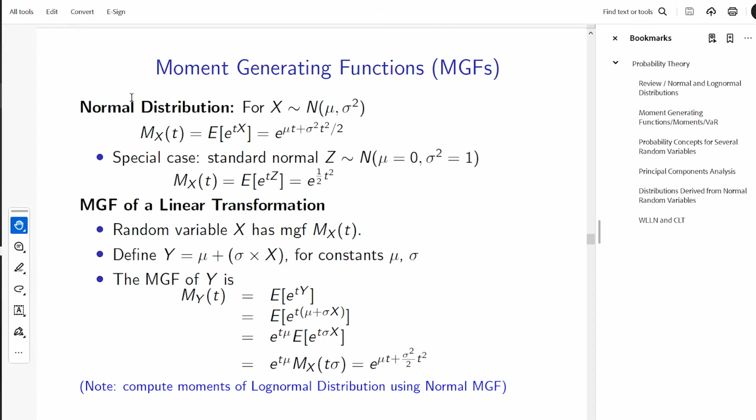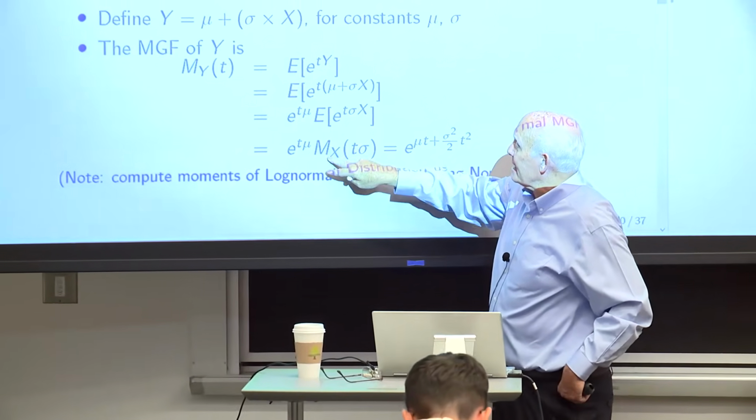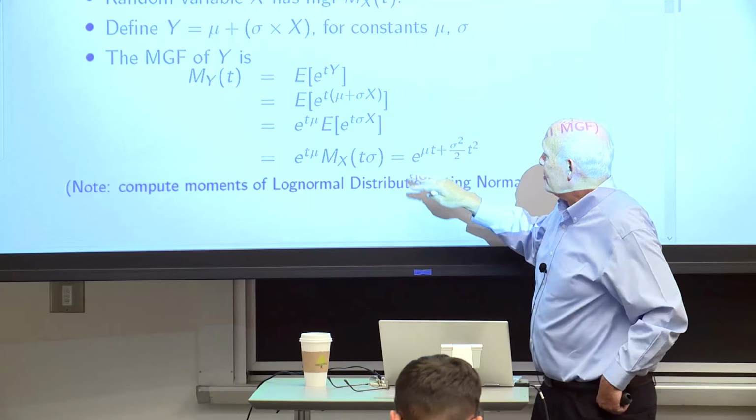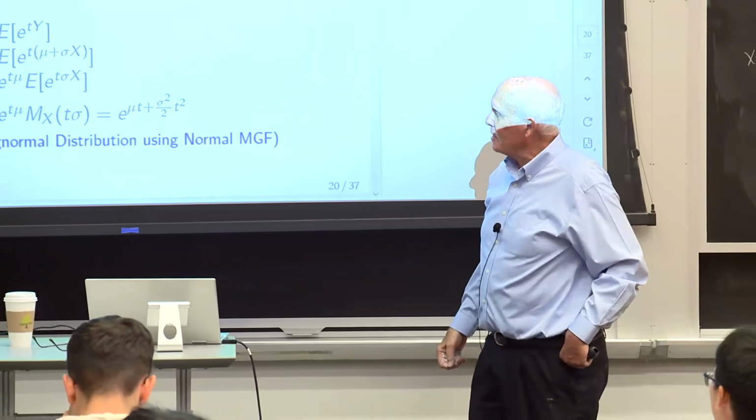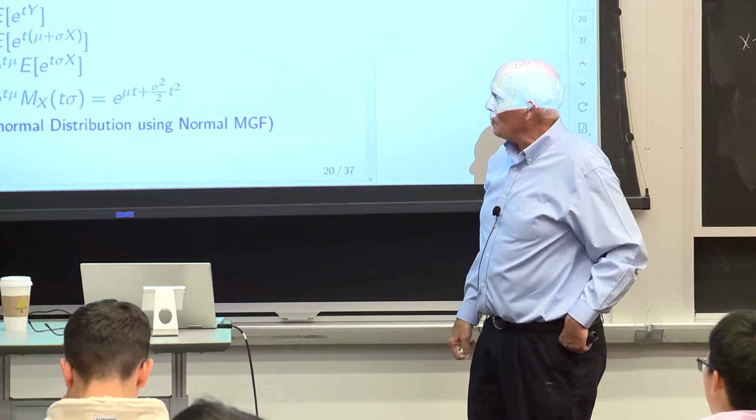So knowing what the X moment generating function is, we get this function for the moment generating function of a normal.